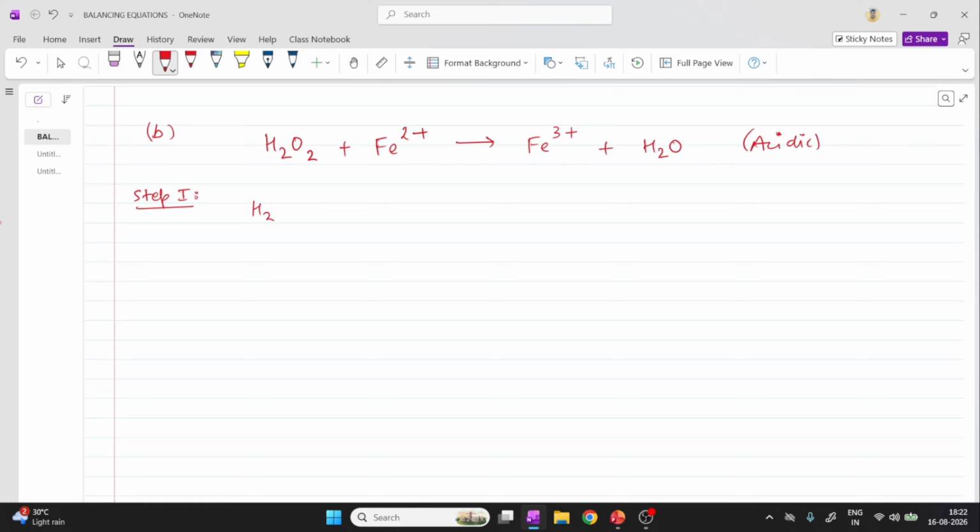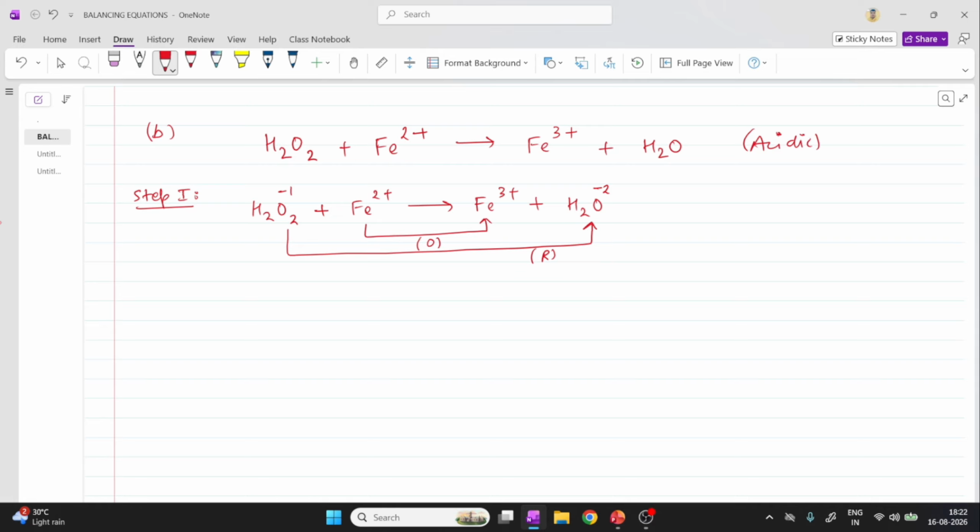So I will write the equation H2O2 plus Fe2+, giving Fe3+ and H2O. The oxidation number of this oxygen is -1 because it is peroxide, and here it is oxide, so this will be -2. So this is clearly from +2 to +3. This is an increase, that means this process is oxidation, and here it is -1 to -2, that means this process is a reduction. So we have identified it.